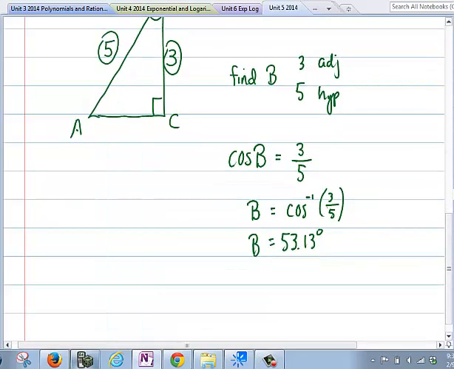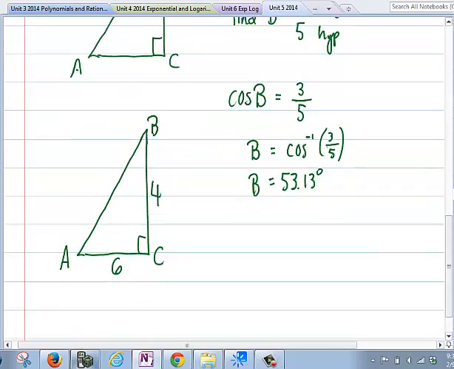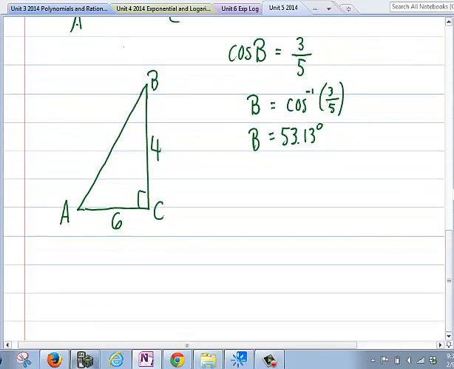The last problem is one where they give us the same setup, another triangular setup. In this case, they give us this side is 6, this side is 4, and I'll just label the triangle again. The triangle in this problem was not labeled, but it's just a generic trig problem.